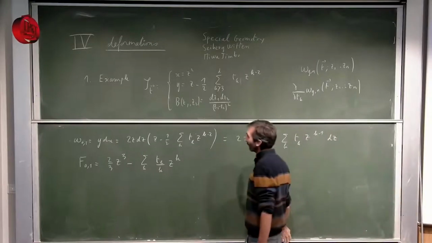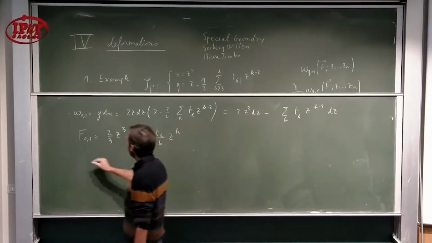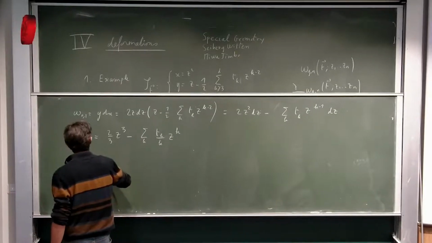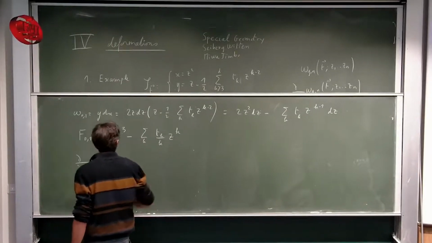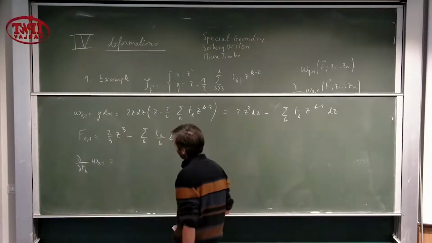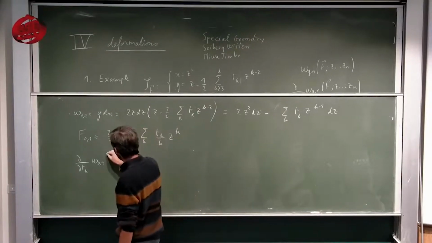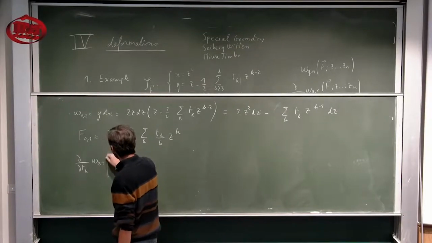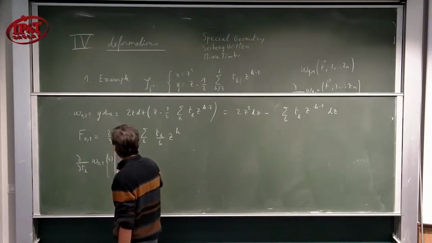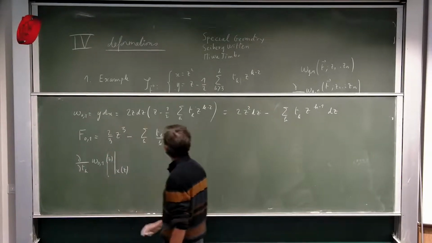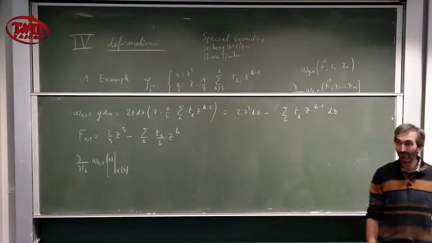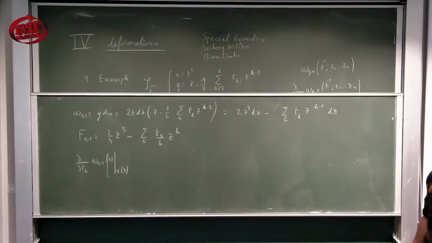But what I want to compute now is d over dt_k of ω_{0,1}. To be precise, I should say take the derivative of ω_{0,1} of z at fixed x of z. But in my example, x of z does not depend on the times, so it's just computing at fixed z.